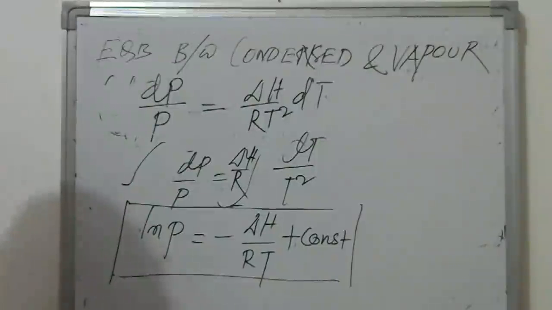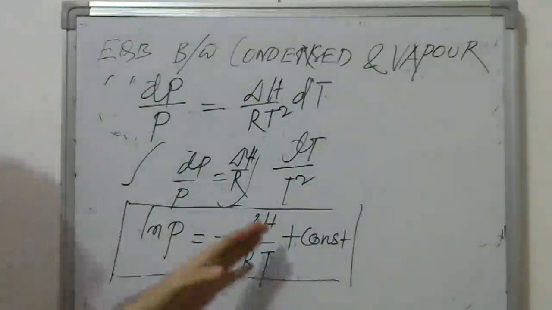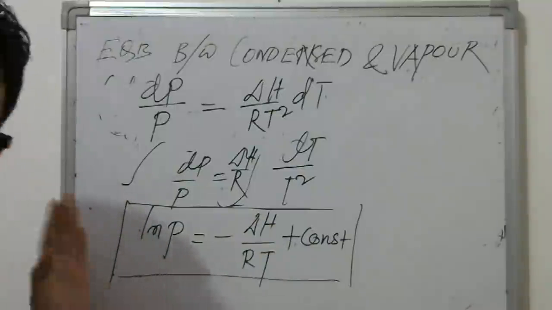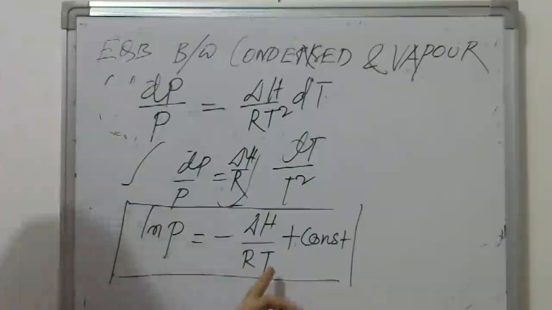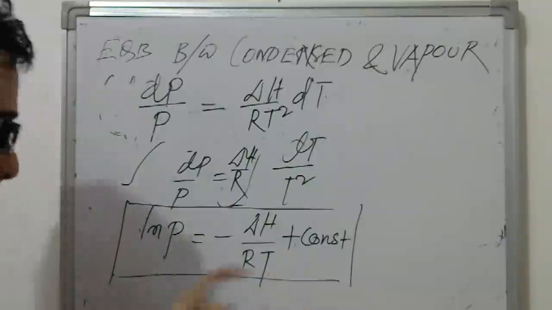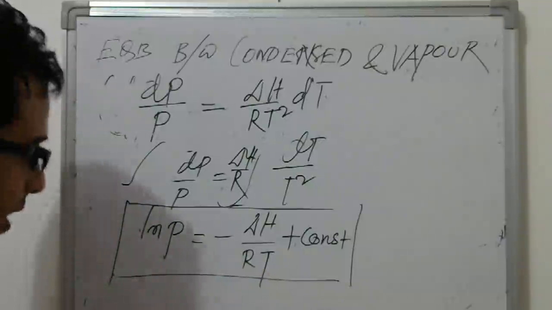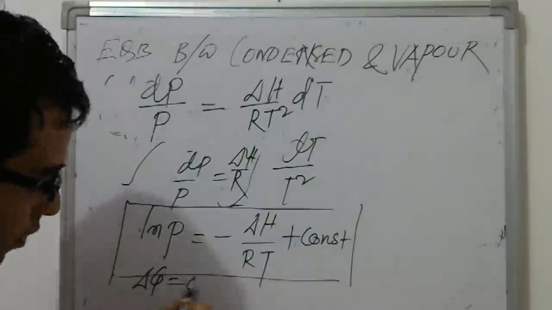So the equilibrium change in temperature and pressure will be expressed, or if I am given an enthalpy change for a particular temperature at that particular equilibrium, I can establish equilibrium at any pressure with a change in temperature. Or if I change the temperature, I have to change the pressure accordingly to establish the equilibrium, to make delta G equal to 0.